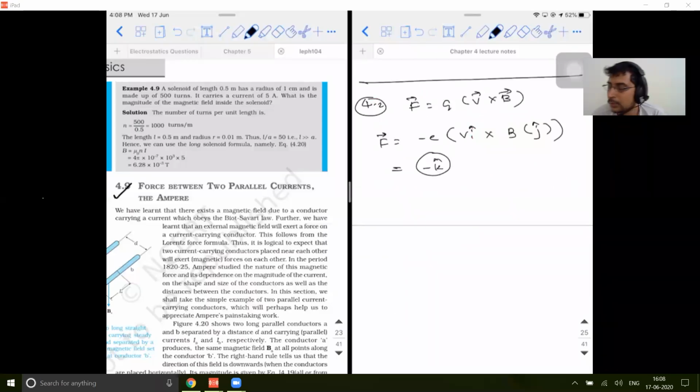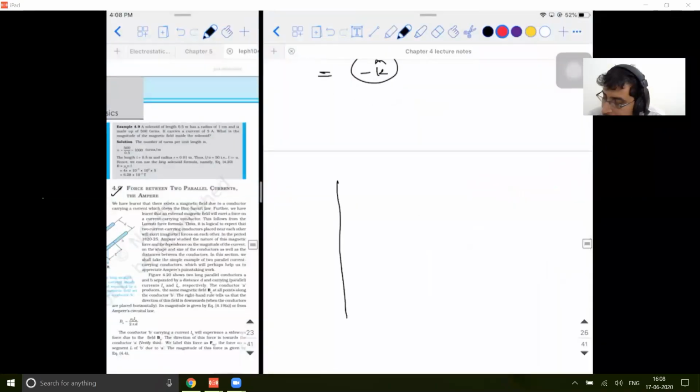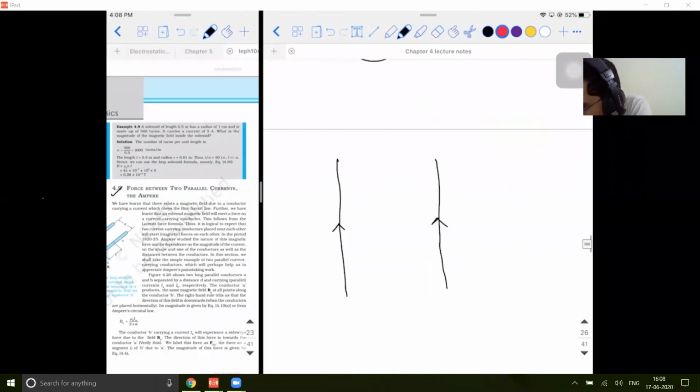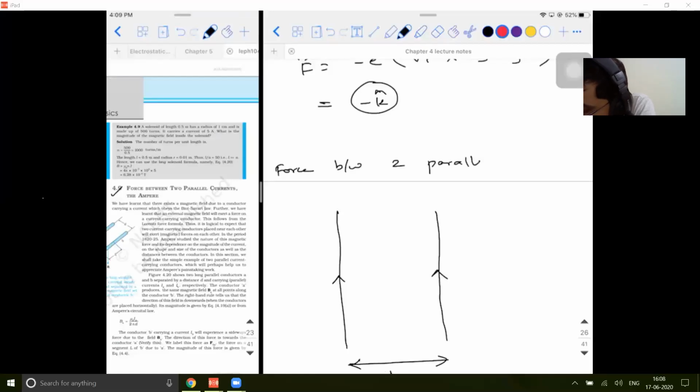Now you will have two current carrying conductors which are parallel to each other, separated by distance d. So the heading is going to be force between two parallel current carrying conductors.